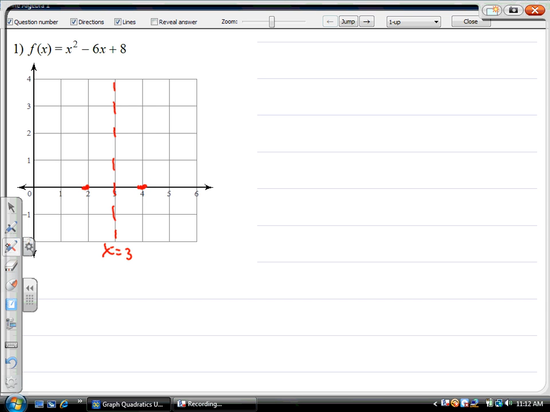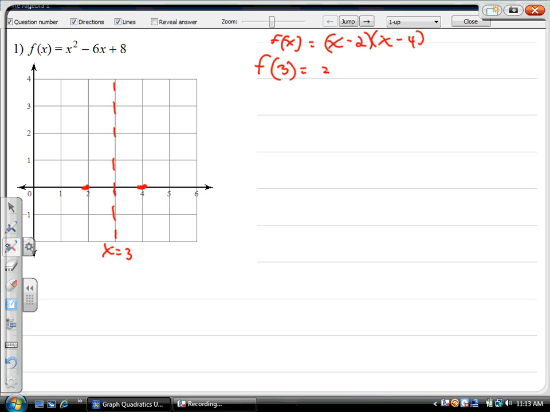Next thing I want to know is where my vertex is. So what we can do is plug in 3 and see what y would equal. Let's do f of 3, and I'll plug that into our factored equation, which was f of x equals x minus 2 times x minus 4.